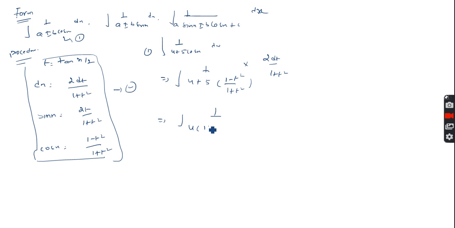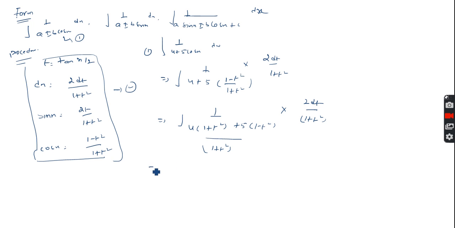So it can be written as 4 into (1 plus t square) plus 5 into (1 minus t square) by 1 plus t square, into 2 into dt by 1 plus t square.